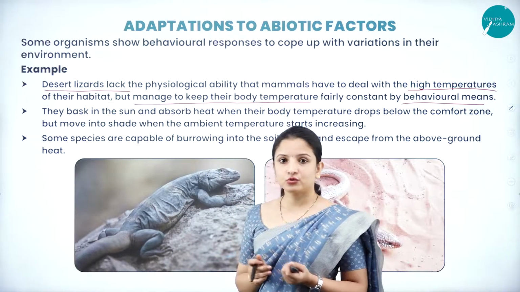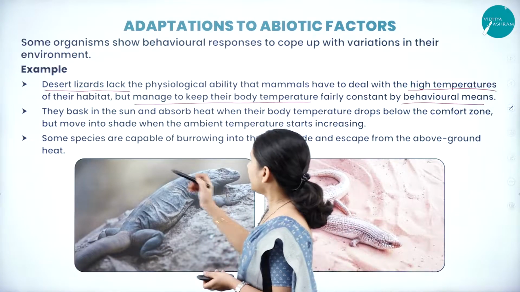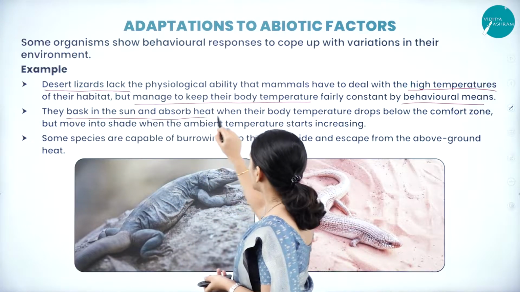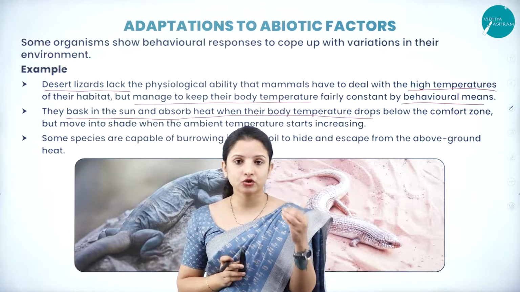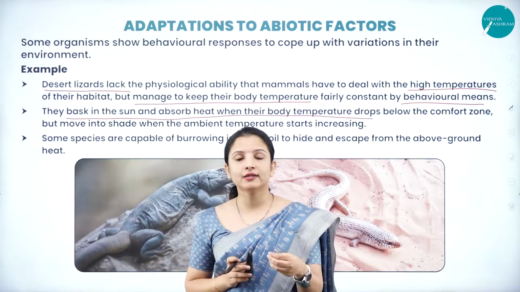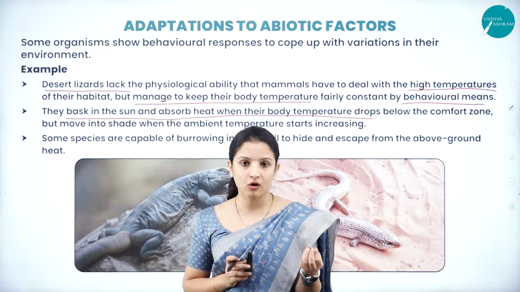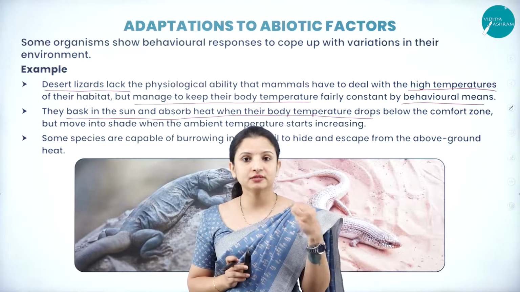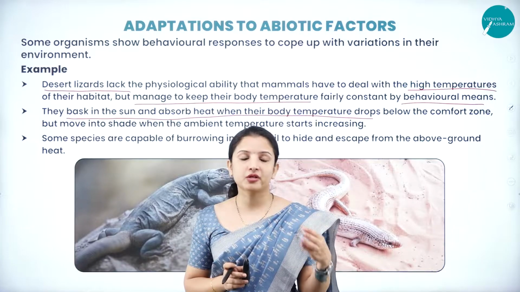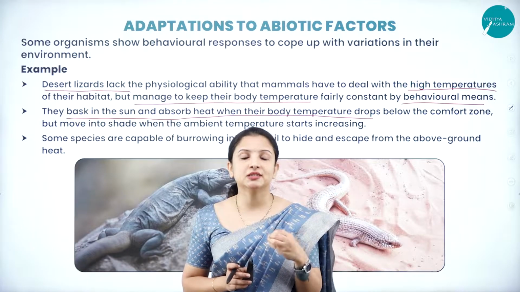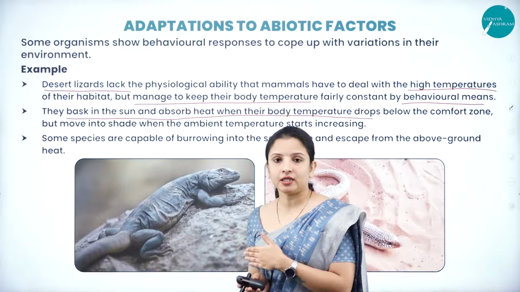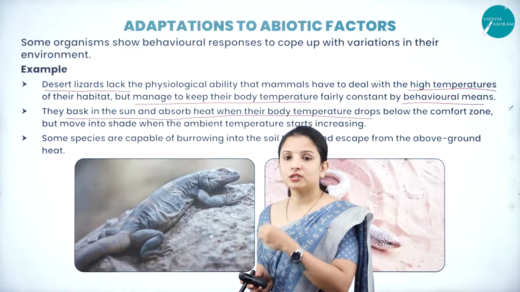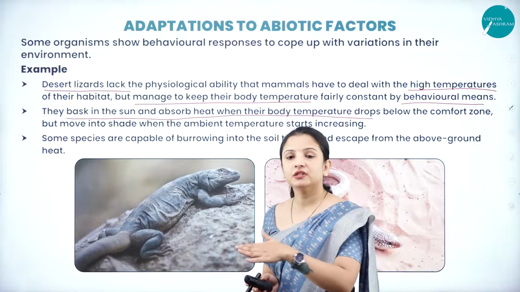They bask in the sun and absorb heat when their body temperature drops. I told you, during the daytime, at noon, the desert temperature is quite hot. But as soon as night falls, the desert temperature drops, making the desert quite cold, which these animals are not capable of withstanding.